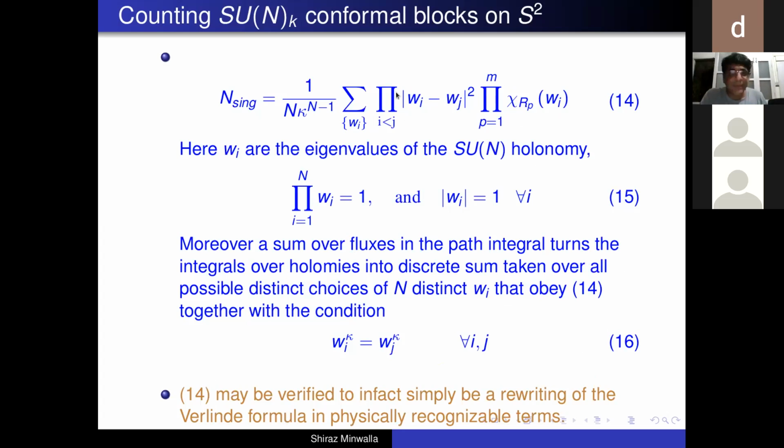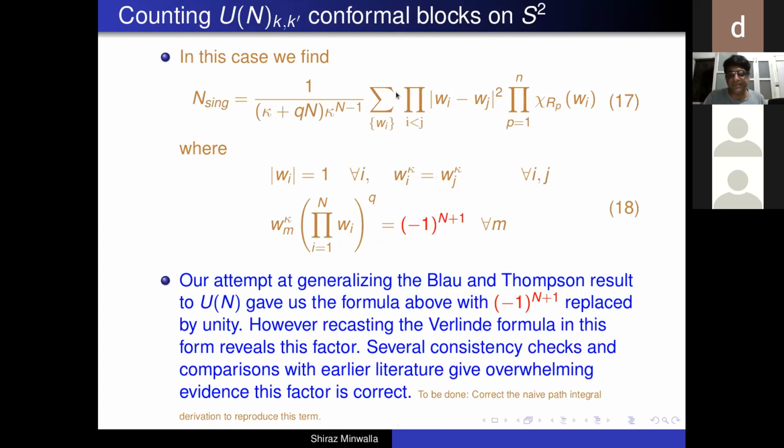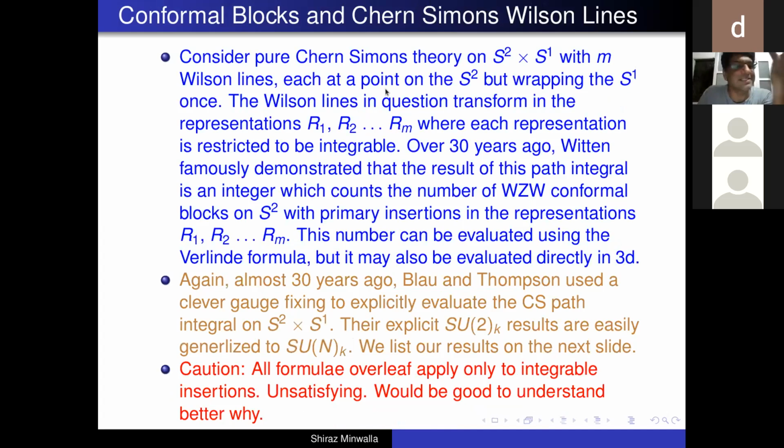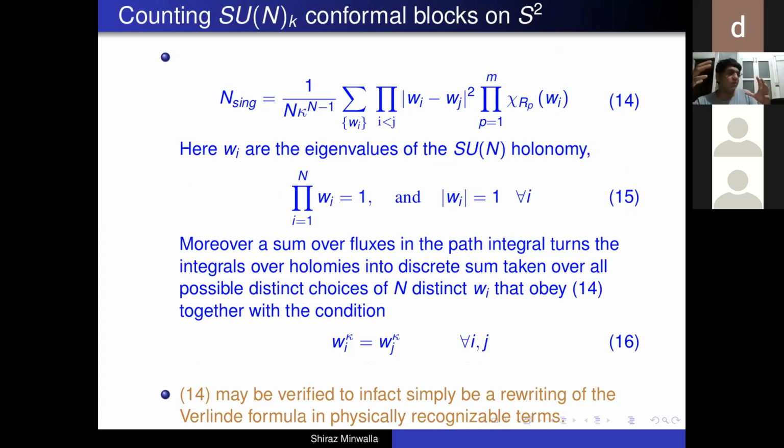Now, had we been in classical group theory, what we would have done is multiply these characters with the Haar measure and integrate over the Haar measure in order to get the number of singlets. In order to get the number of what I call Wess-Zumino-Witten singlets, or number of conformal blocks, we do something very similar. We integrate over the Haar measure, but that integral is somehow discretized. We put the same Vandermonde that we would have for the Haar measure, but instead of integrating over all eigenvalues, we're supposed to sum only over discretized eigenvalues.